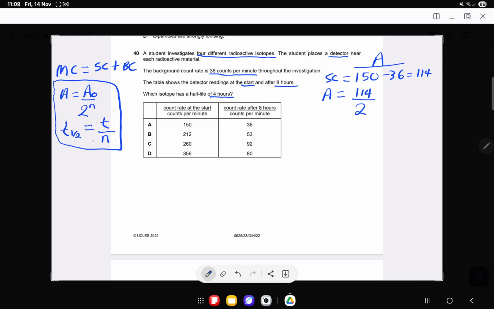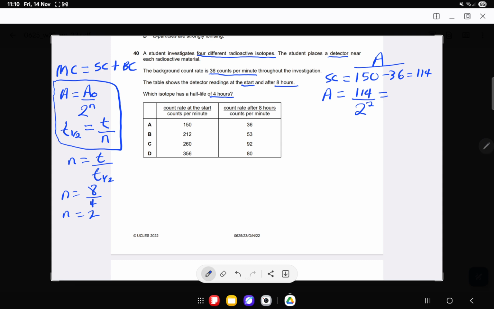Here, n is equal to t over t half-life. So my number of half-lives will be 8 hours over the half-life, which is 4. So my n is equal to 2.